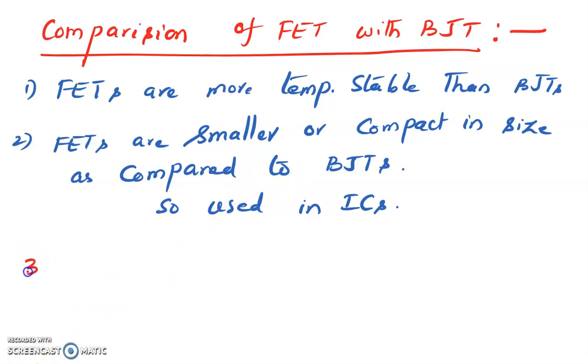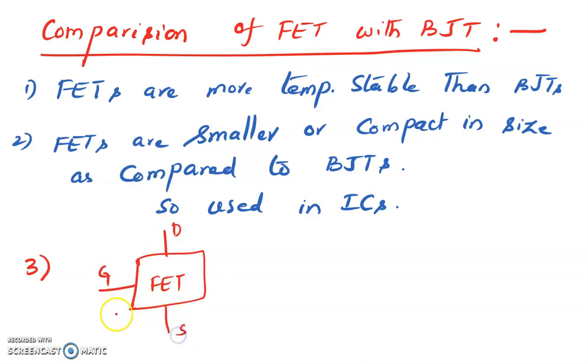The third point is that the input impedance of the FET is very high compared to the BJT. See here, if this is a FET, this is the gate terminal, this is the drain terminal, and this is the source terminal, and we apply the input voltage between gate and source terminals.